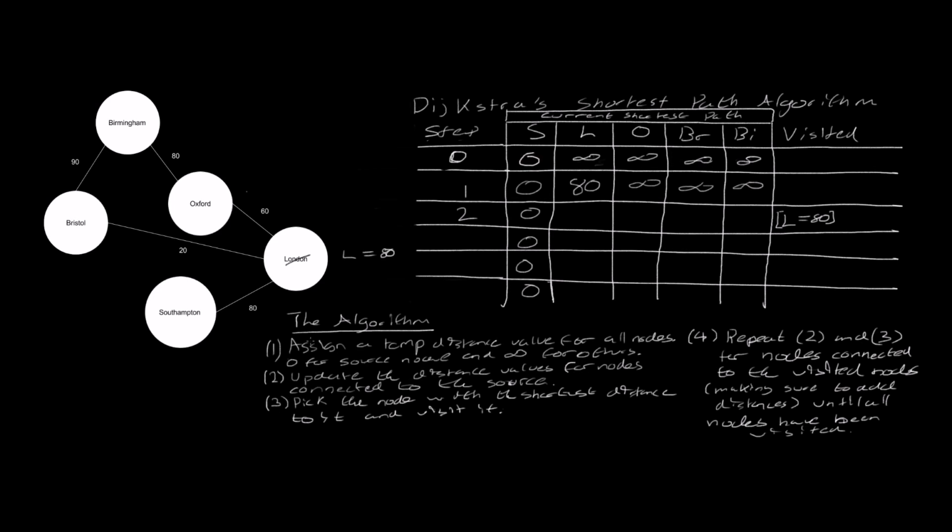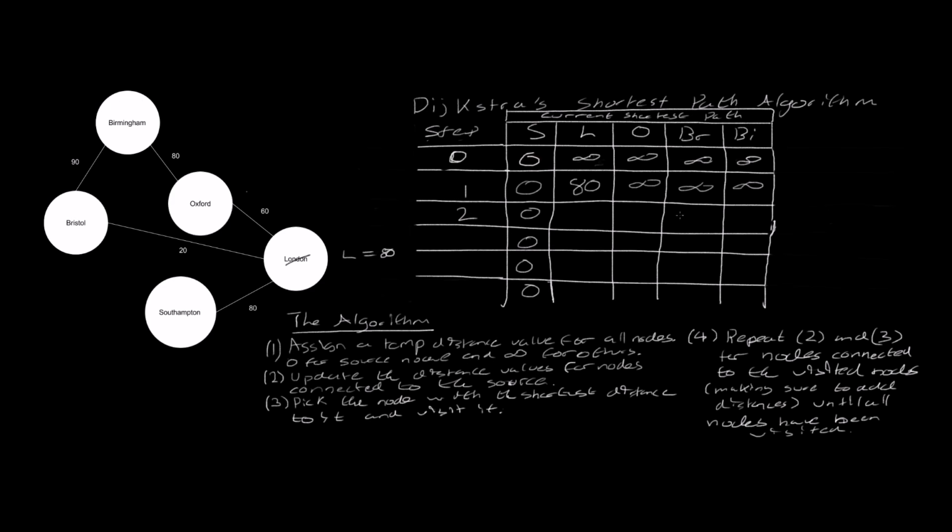I think I'm actually going to mark the visited nodes on the graph because I'm going to run out of space over there. Our next step then is to have a look at all the other routes that have now been opened up to us. So we've got a route from London to Bristol, and from London to Oxford. So we can have a look at the distances. We've got 80 going to here. So 80 plus 20 to Bristol is going to be 100.